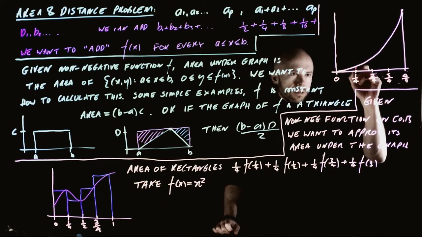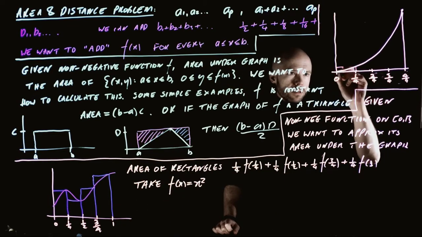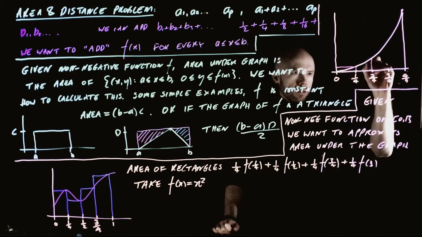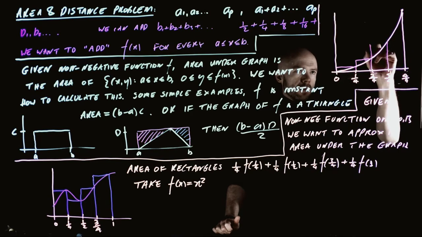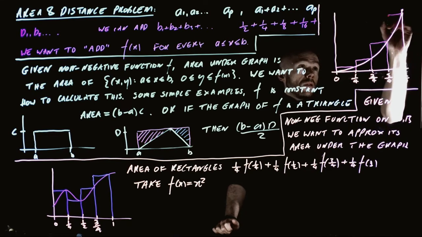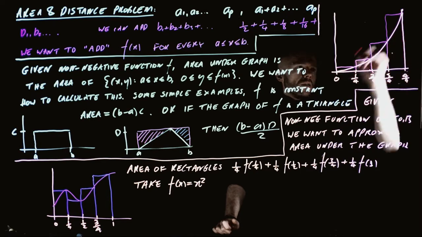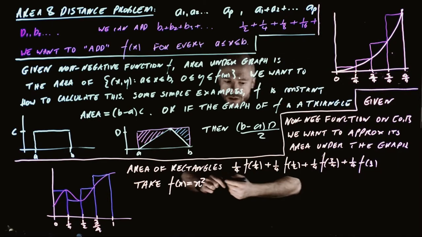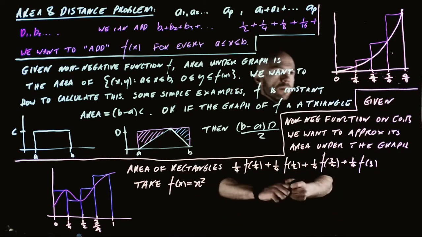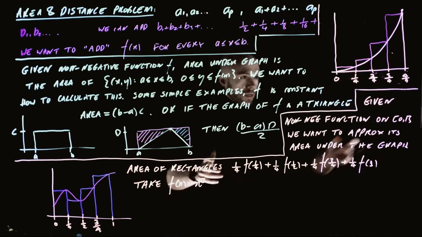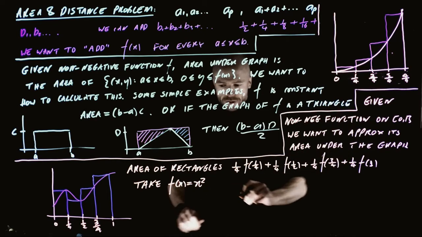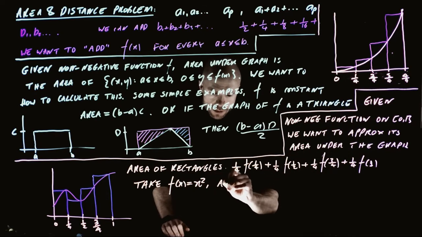And then let's create our rectangles, like this, like this. Okay, cool. And now let's figure out the areas of these rectangles. I'm going to factor out the length of the base straight away.